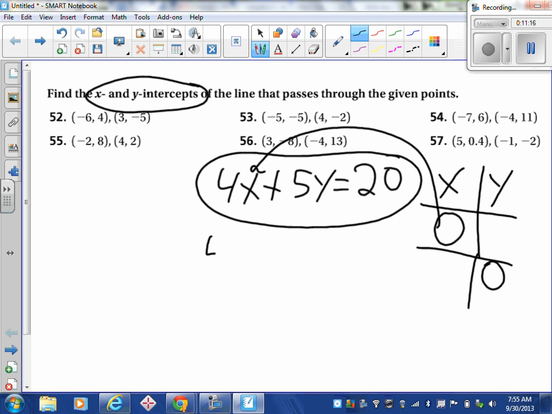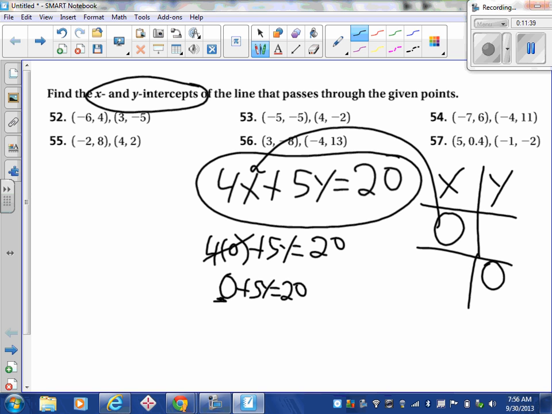4 times 0 plus 5y equals 20. 4 times 0 is just 0, plus 5y equals 20. This 0 you don't really need to write down.